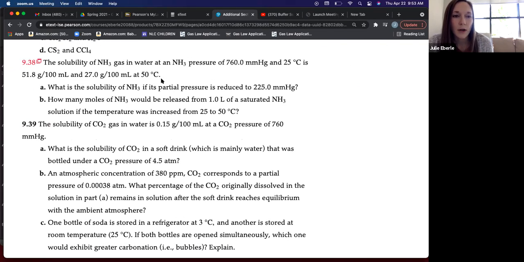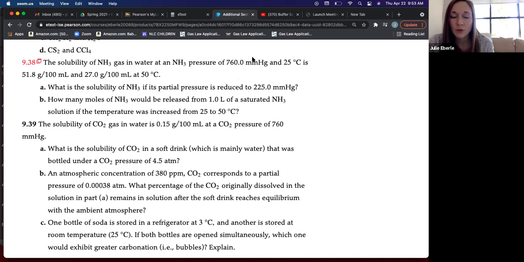Let me finish reading the problem. Ammonia gas in water at a pressure of 760 millimeters mercury, 25 degrees Celsius is 51.8 grams per 100 milliliters. So this right here is your solubility. Henry's law is C1 over P1 equals C2 over P2. Just like with gas laws, you need to label.